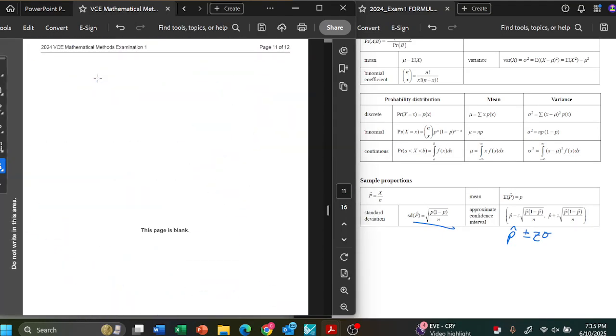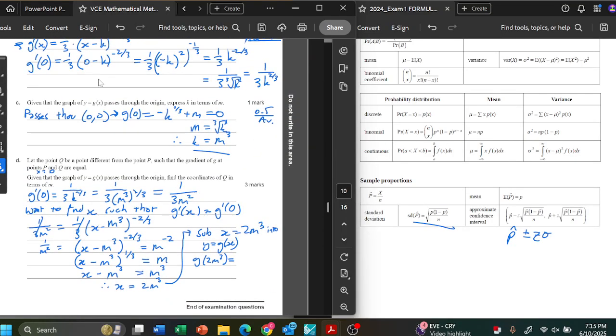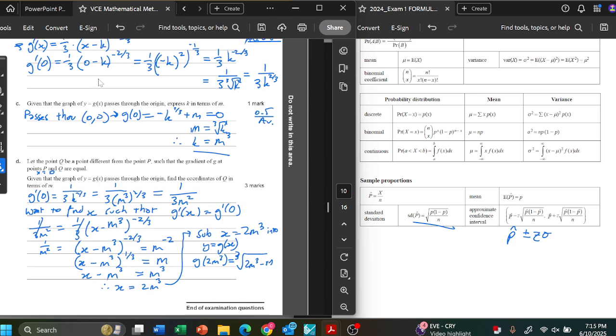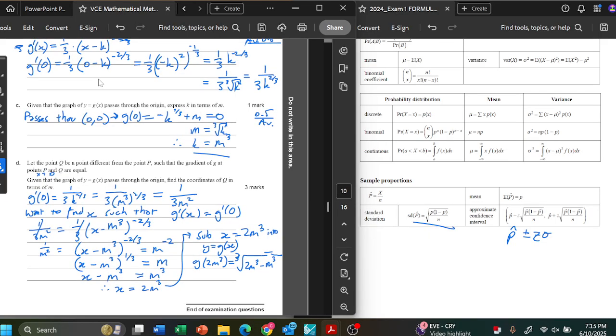So we've got the cube root of 2m cubed minus m. Just remember, k was equal to m cubed from before. And then we've got a plus m over on the end there.